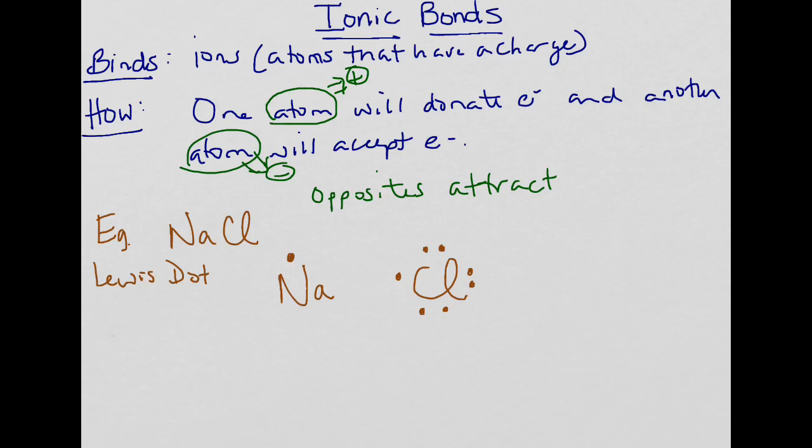Well, you can see a perfect setup here. This electron from sodium will gladly go over to chlorine, because once sodium gets rid of that electron, the next level down, its second shell, has 8 electrons. So he's happy. That's the octet rule.